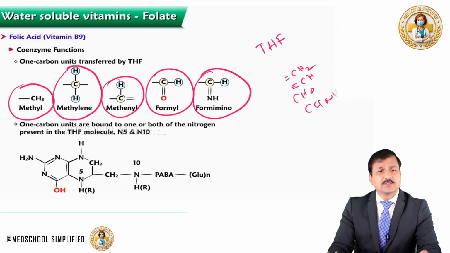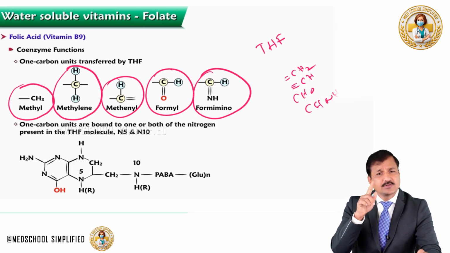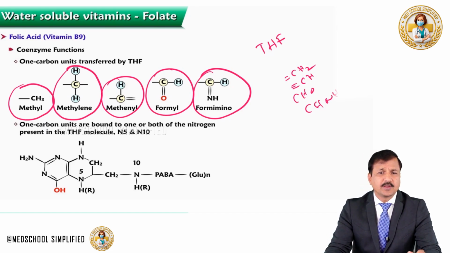One more time. We have the methyl derivative, the methylene derivative, that is CH2 attached to tetrahydrofolate, the methenyl derivative, CH attached to tetrahydrofolate, the formyl derivative, and the formimino derivative.